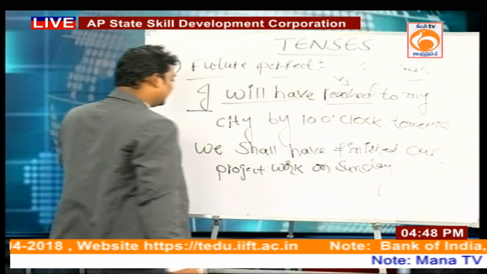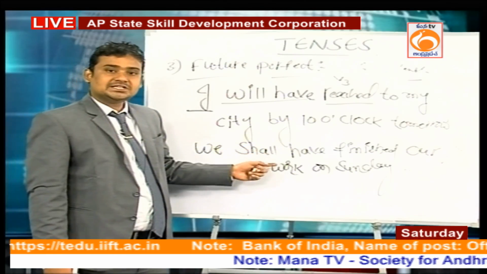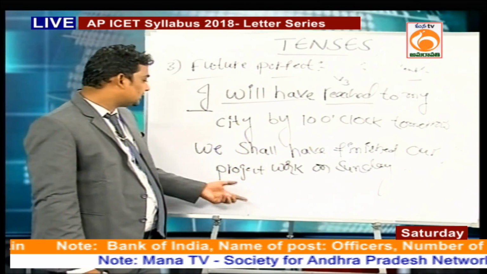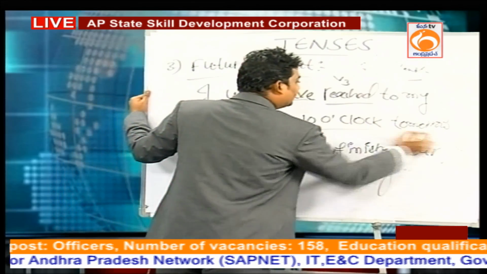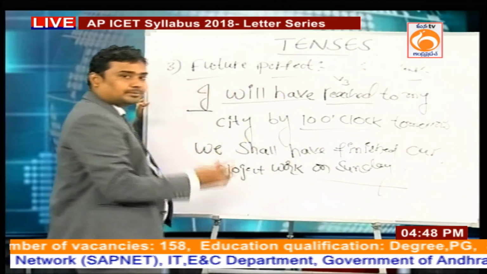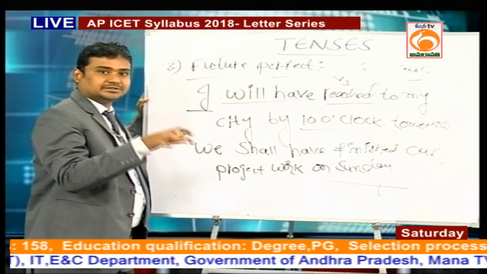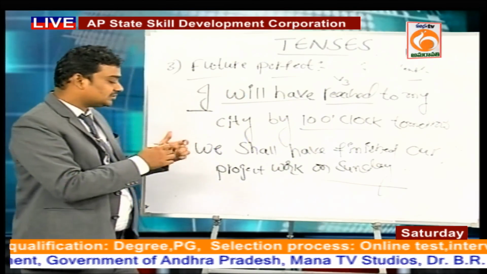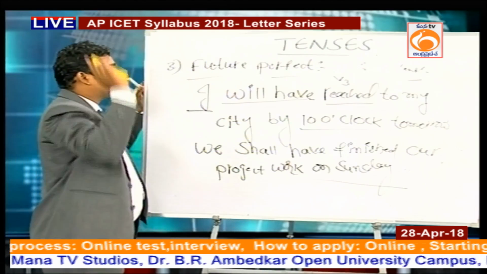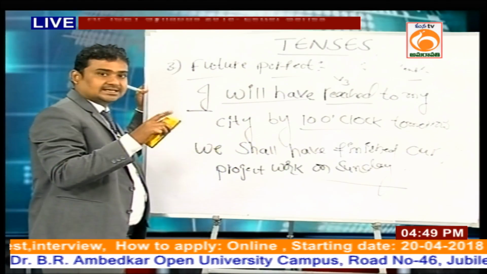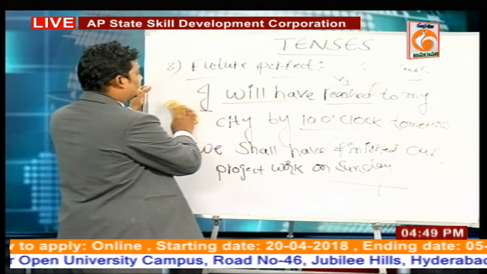We shall have finished our project work on Sunday. Okay, here we must use the perfect time in future perfect. These two examples explained that future sentences will happen in the future.